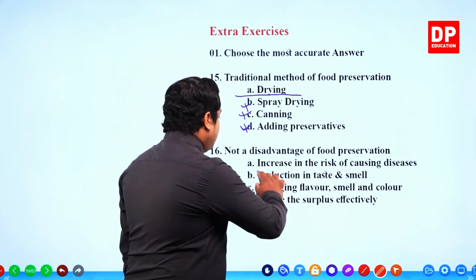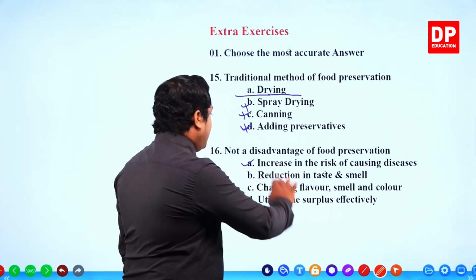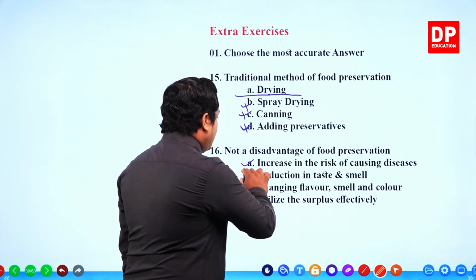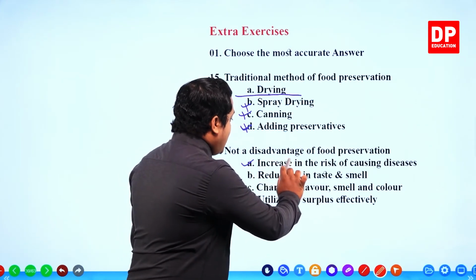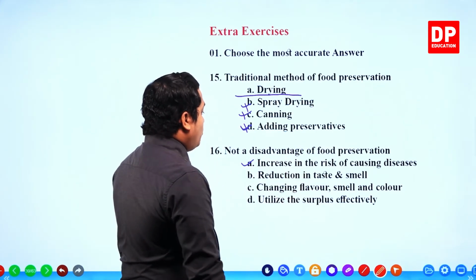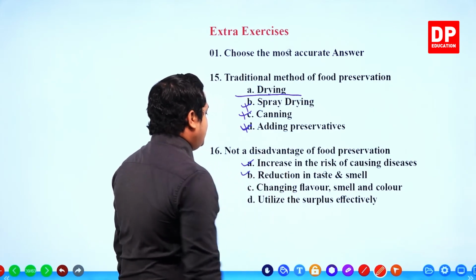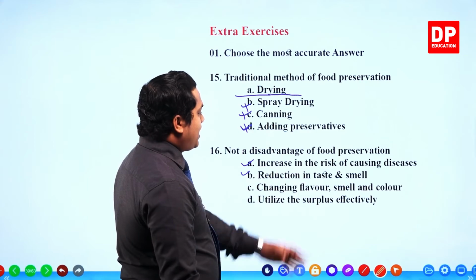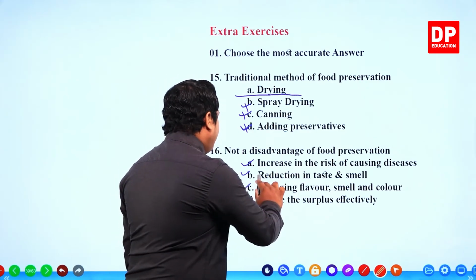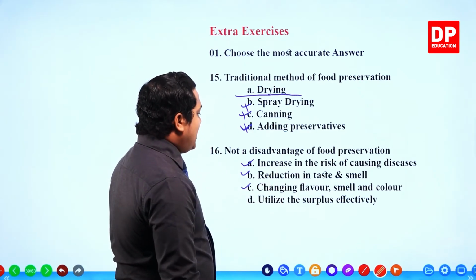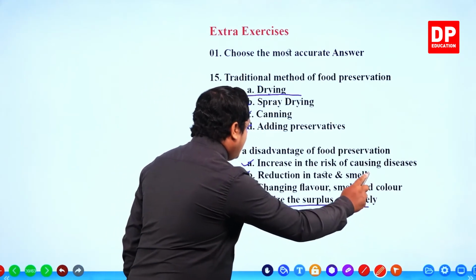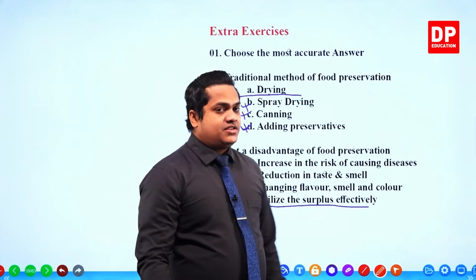It is a disadvantage. Reduction in taste and smell. Once again a disadvantage. Changing flavor, smell and color. Once again a disadvantage. Utilize the surplus effectively. That's an advantage, my dear children. So this is the answer.